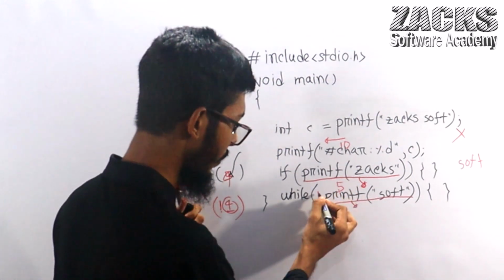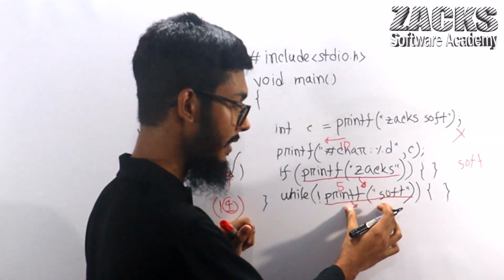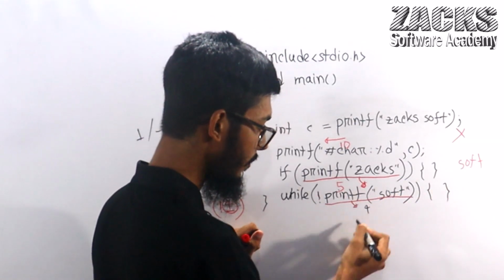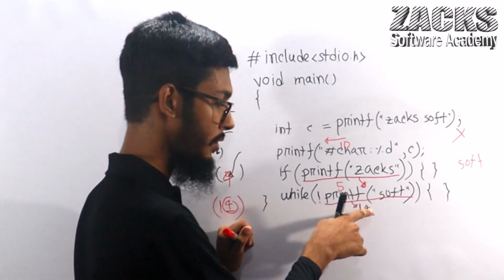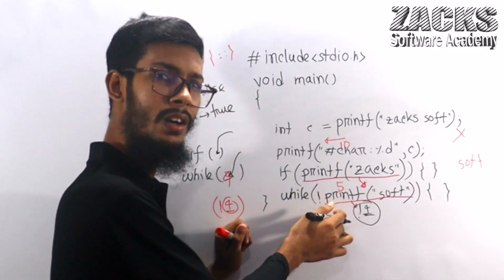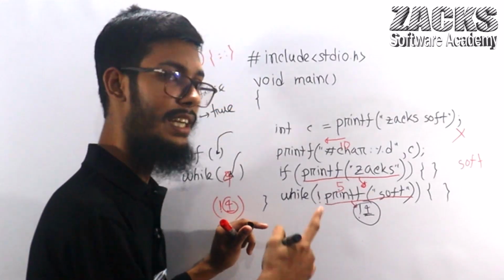What will happen? First of all, it will display soft, then it returns 4, and this is the true condition. It converts this true condition into a false condition, right? As the condition is false, certainly nothing will be executed. It will terminate the loop, right?